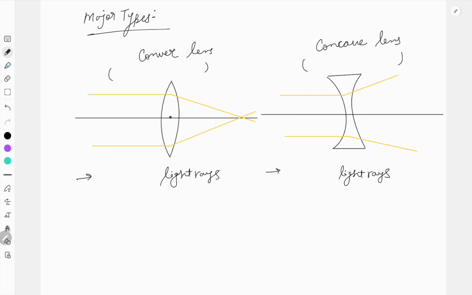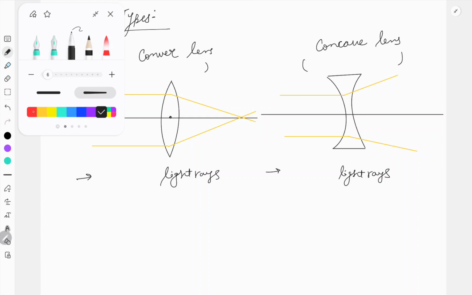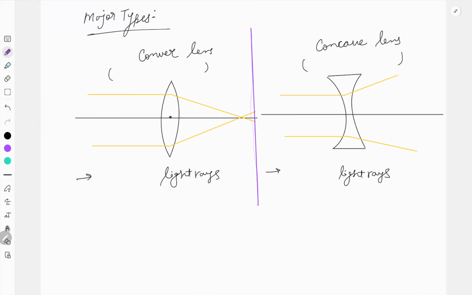So based on these observations, we shone a bunch of light towards these lenses, and they showed these kinds of behaviors. So based on these observations, let's first have a proper separation between these, right? Okay.